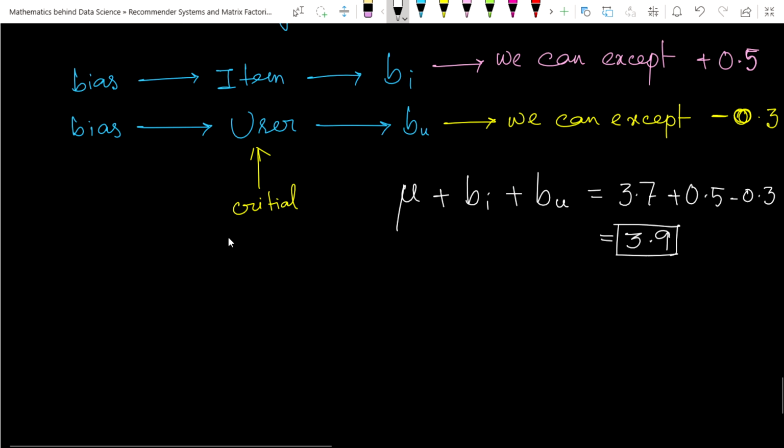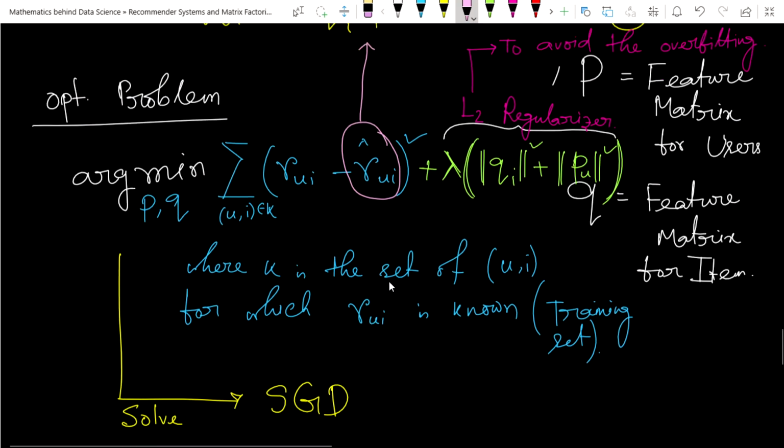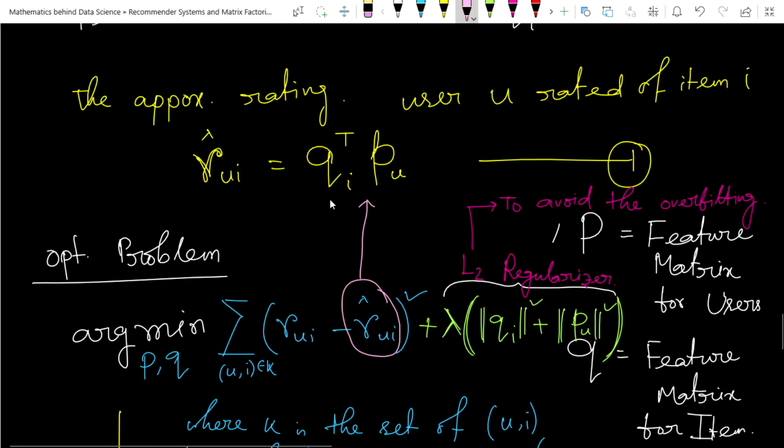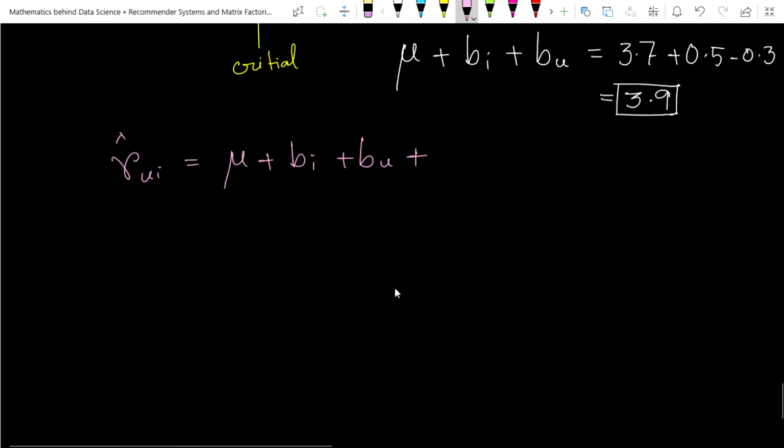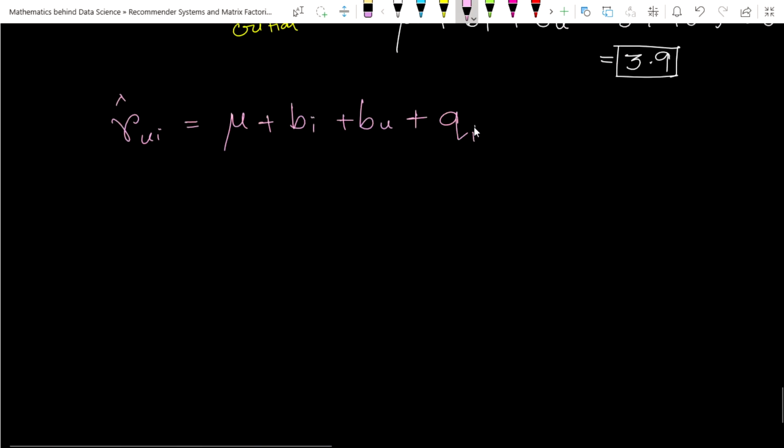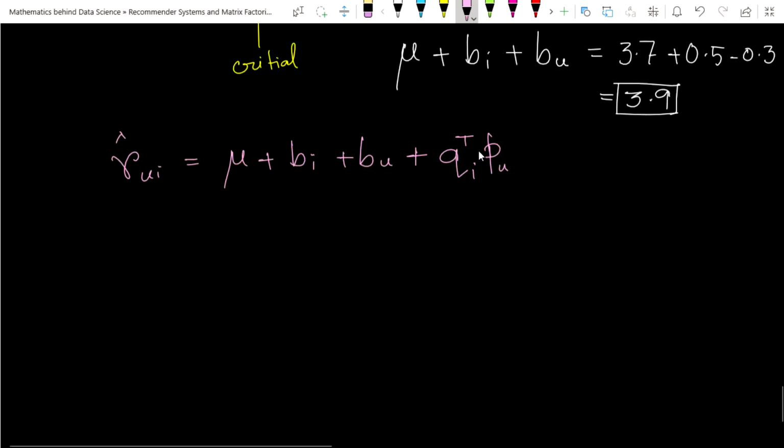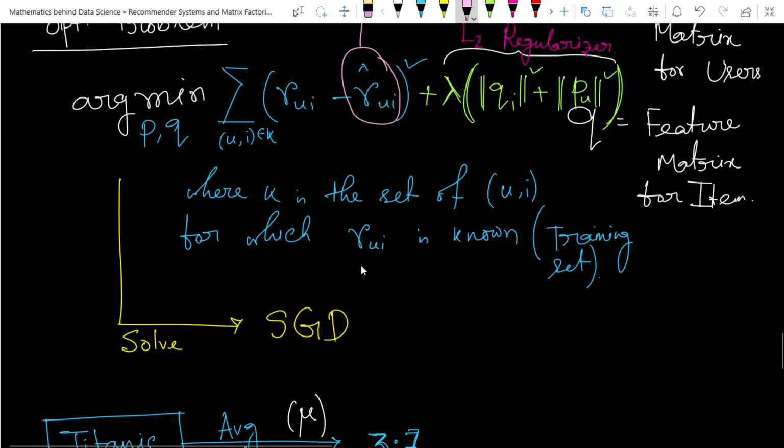Okay, these terms we have to add in our approximation. So if we add these terms to our predicted rating, now the predicted rating will be mu plus the bias for the item plus the bias for the user plus the approximation we already have, which is ui transpose into pu.